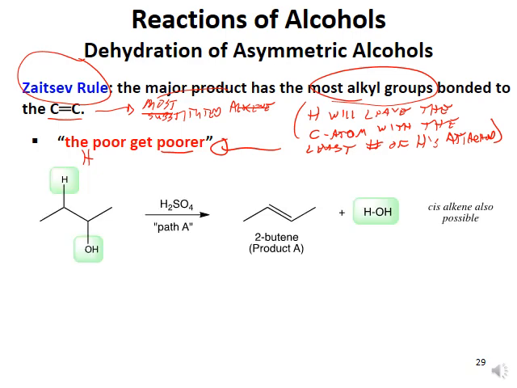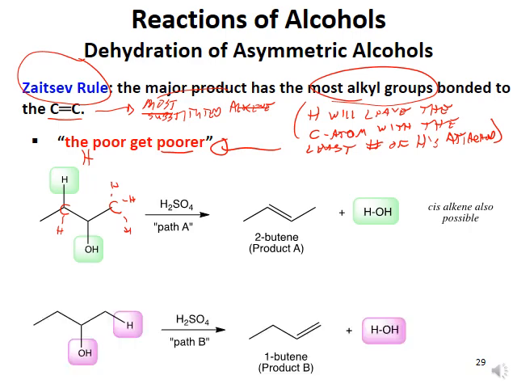So if that's path A, we had a choice here between this carbon, which had 3 hydrogens attached, versus this carbon, which had 2 hydrogens attached. Because if you remember, the other choice was this carbon with 3 hydrogens attached and this carbon with 2 hydrogens attached.